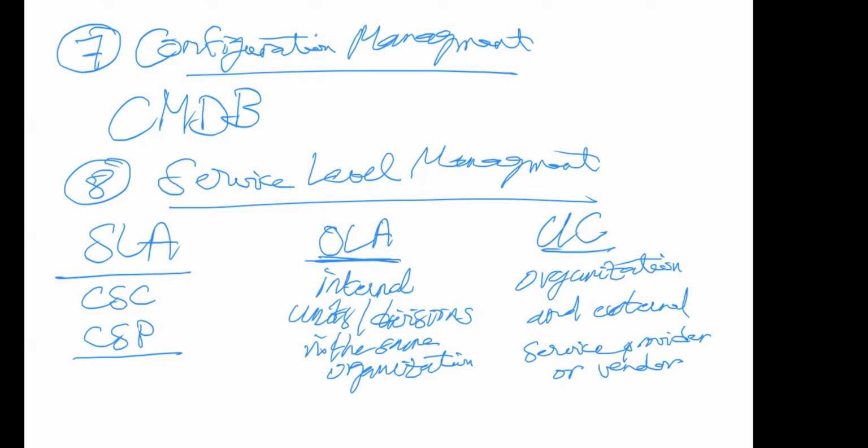The underpinning contract is an agreement between an organization and an external service provider or vendor. These are the differences between them. Okay, this is very important. Usually you will find it as a question in the exam.